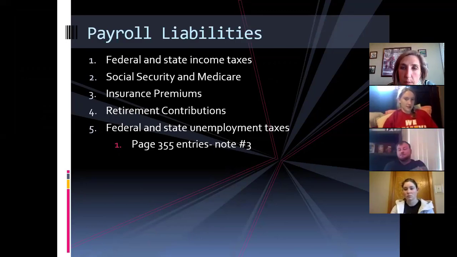You told them you were going to pay them $10 an hour, and you take out $1 for federal income tax that you are going to send on to the government. That is a liability to you until you pay it to the government on their behalf. And even as an employer, once you pay it to the government, it's still the employee's money, right?